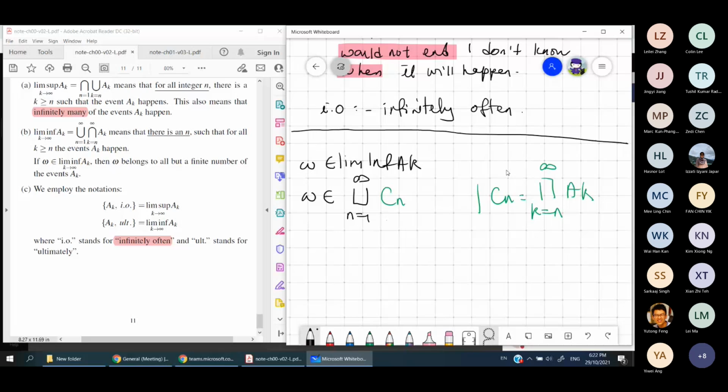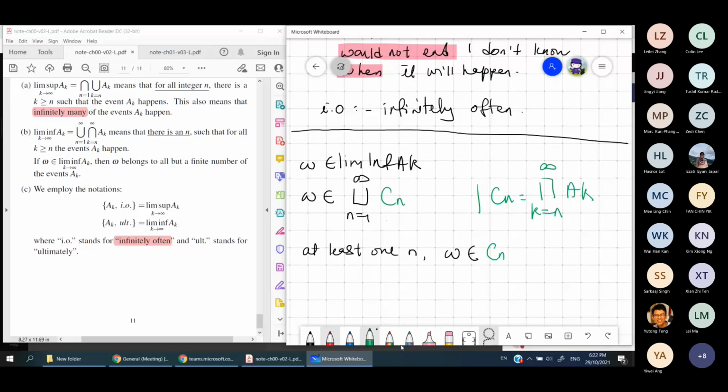So that means, this simply means at least one n. So omega belongs to C_n, and C_n is the intersection of all this.